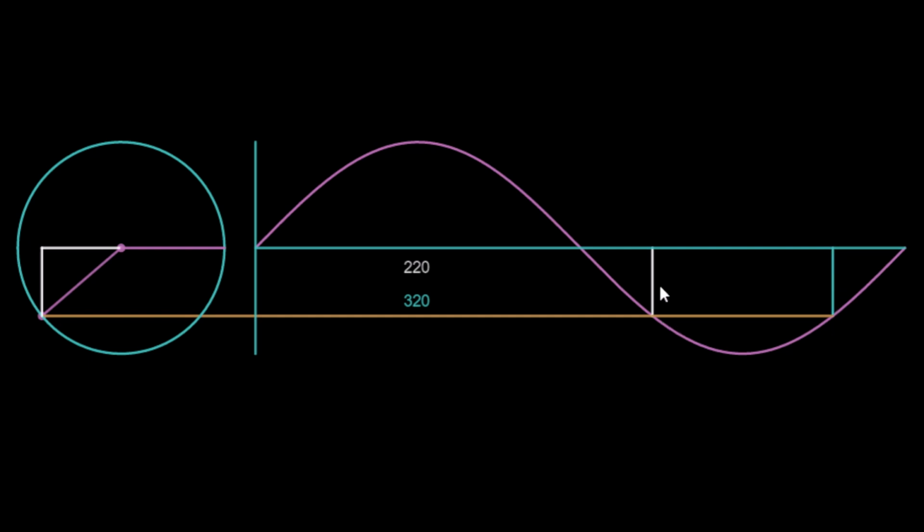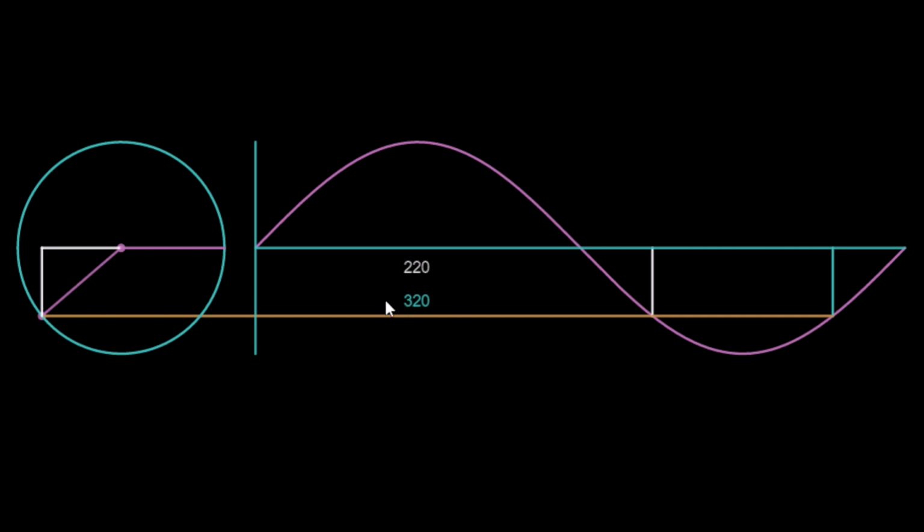And you can see again the height of this white line is the same as the height of the blue line. So it means that the sine of 220 degrees is going to be the same as the sine of 320 degrees. And you can see this again purely from the symmetry.